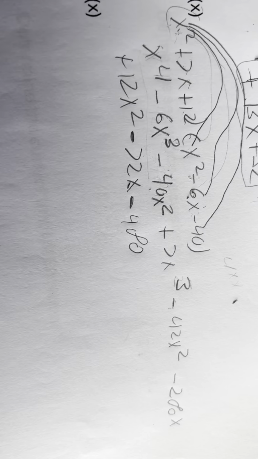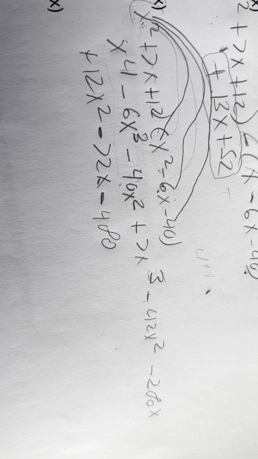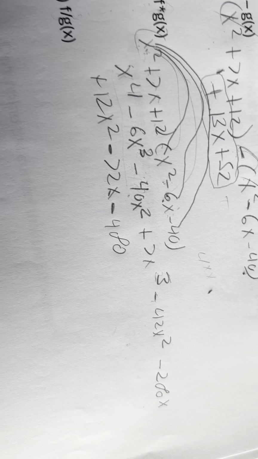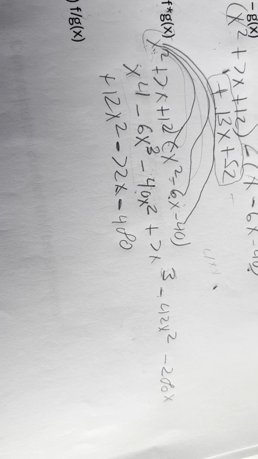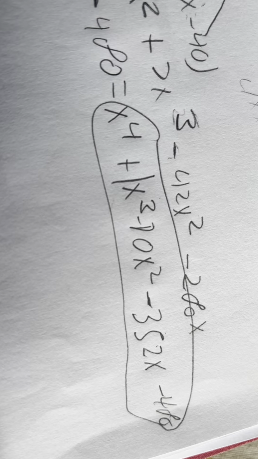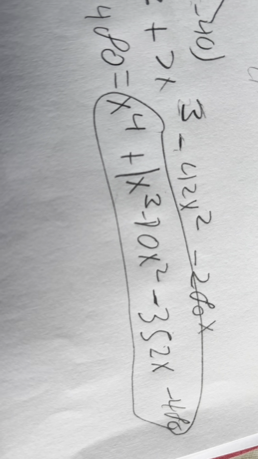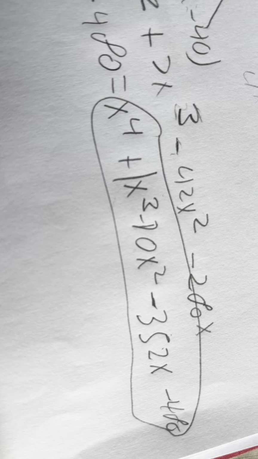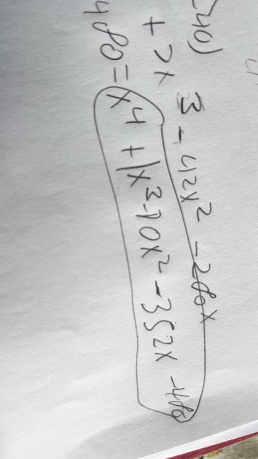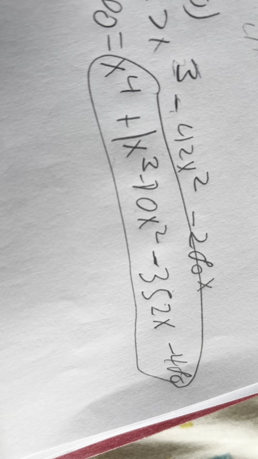And now we have to simplify and subtract and add like terms. So I want you to do that with me, and I will see if you get the right answer. X to the fourth plus 1x squared, x, or x to the cube minus 70x squared minus 352x minus 480.